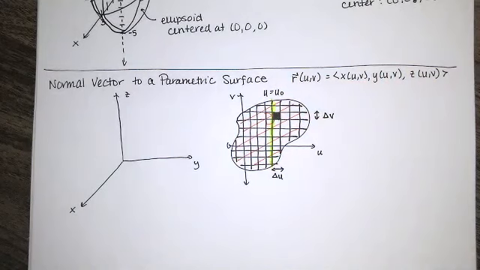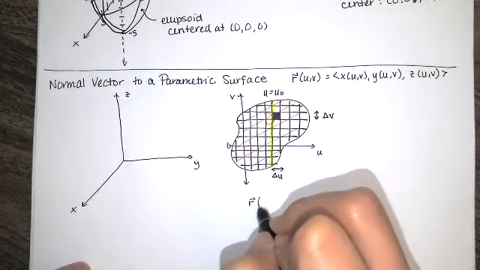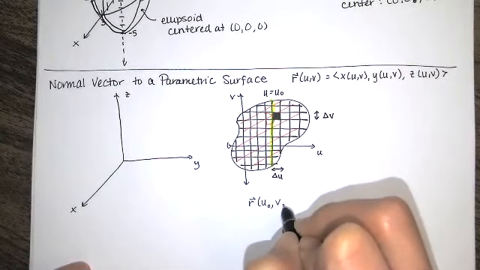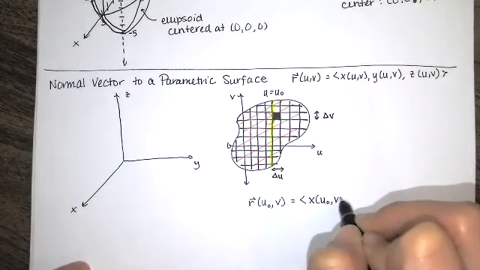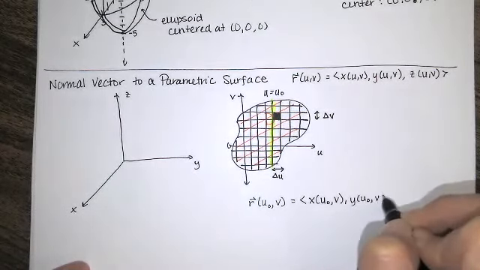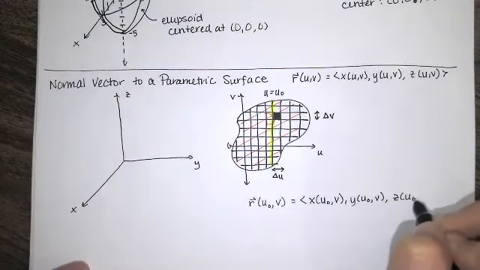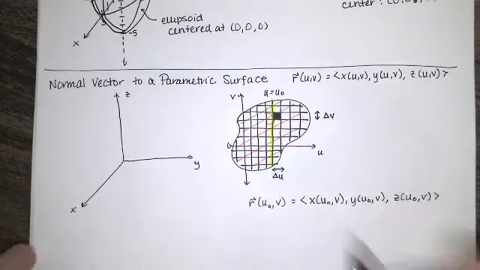Well, that's going to represent a curve on the surface, R of U naught and V. So X is replaced with X of U naught and V, Y is replaced with Y of U naught and V, and so on. We just substitute in U naught. Now this is a function of V only.